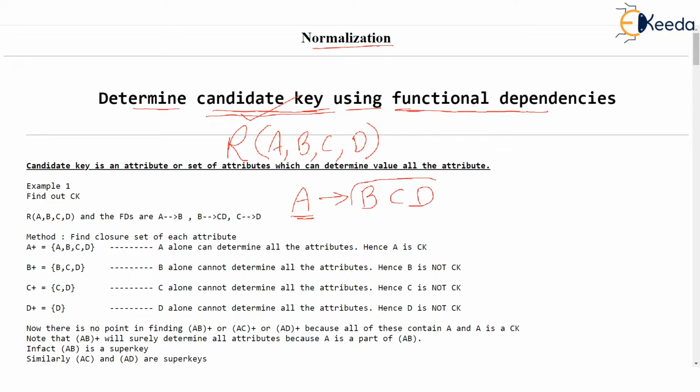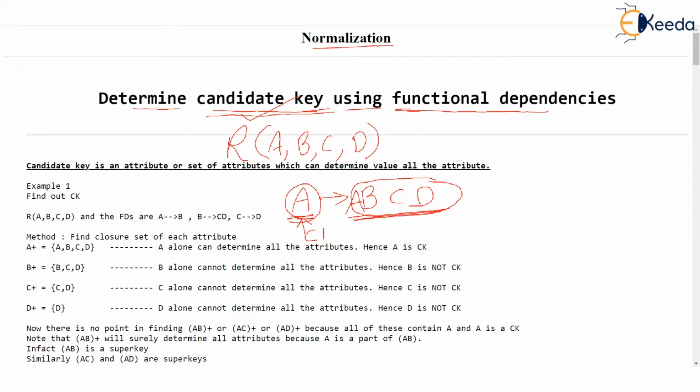Of course, don't miss out A also in this list because A can determine A itself. This is trivial dependency. That means there is an attribute called A which can determine all other values in that particular tuple. So given a value of A, you can easily find value of all other attributes. Such an attribute is called candidate key.